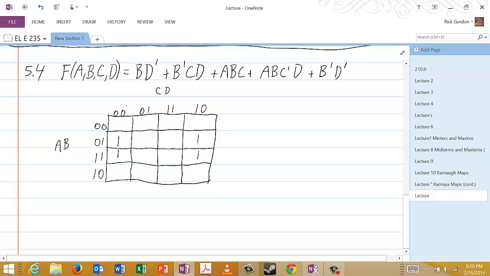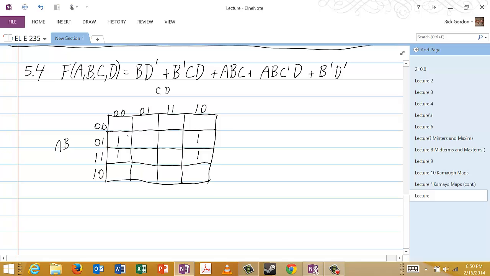Well, remember that for the numbers along the top, D is the second number. We have C, D. So here C is 0, D is 0, C is 0, D is 1, C is 1, D is 1, and C is 1, D is 0. So the 4 cells that we have identified here are the only cells out of all 16 cells in which both B is equal to 1 and D is equal to 0.